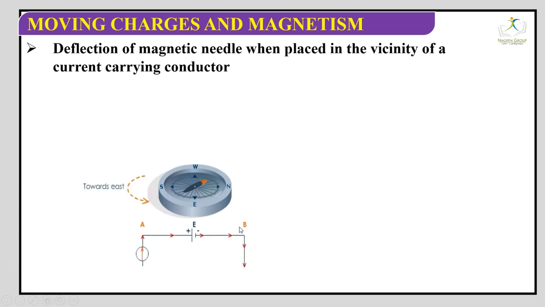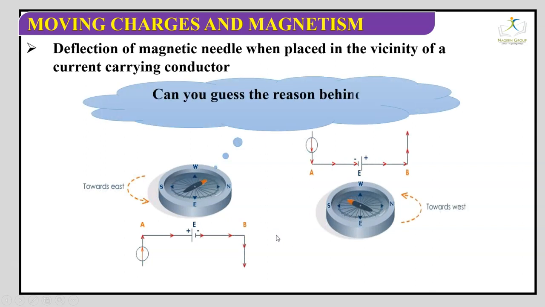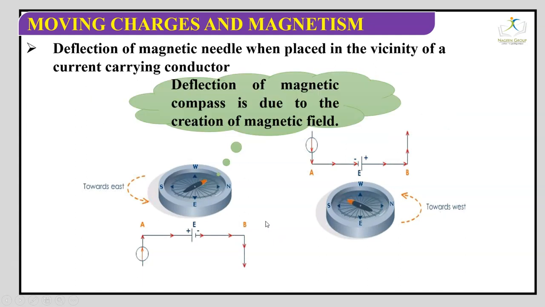Now, the deflection of a magnetic needle when it is placed in the vicinity of a current carrying conductor will be seen like this. Can you guess the reason behind the deflection of the magnetic needle? The deflection of a magnetic needle or compass is due to the creation of a magnetic field.